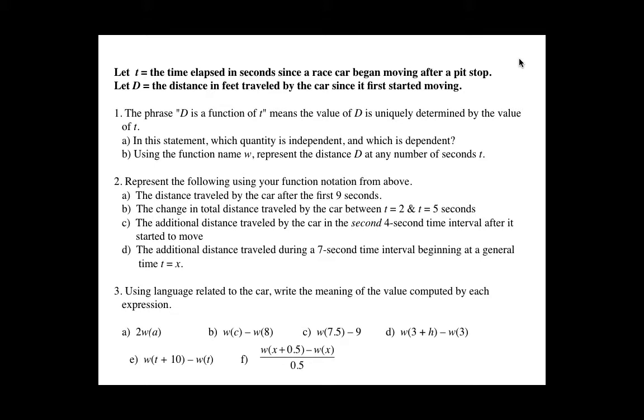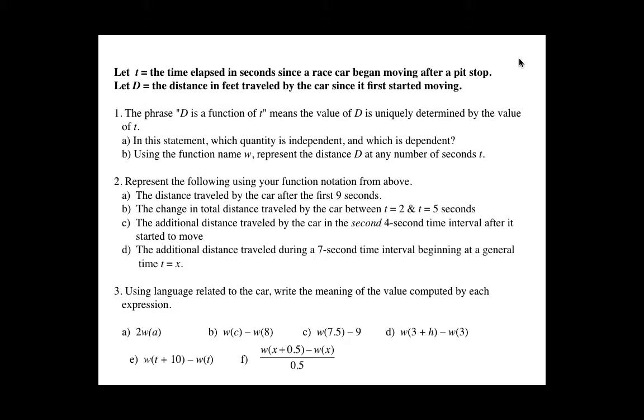In that statement, which quantity is independent and which is dependent? And then part B, using a function named W, represent distance D at any number of seconds t. So think about those two statements.